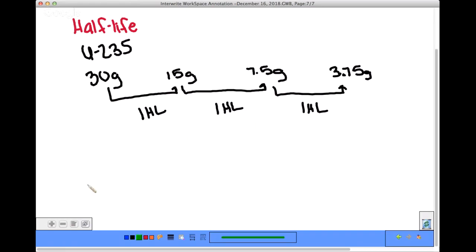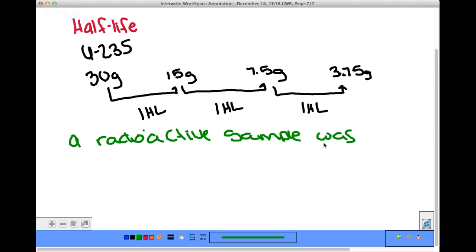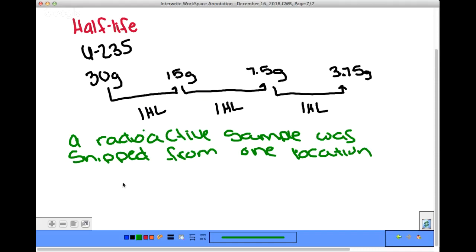Let's say that we had a problem, however, that said a radioactive sample was, let's say, shipped from one location to another.